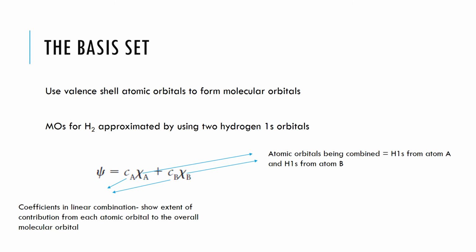Now, it just so happens that in molecular hydrogen, that is equal. Both of those 1s orbitals overlap in an equal manner. And then you see the Xa term, and these are the actual atomic orbitals that are being combined. So in the case of hydrogen, it's the hydrogen 1s atomic orbital from atom A, or hydrogen A, and the hydrogen 1s orbital from atom B, or hydrogen B.